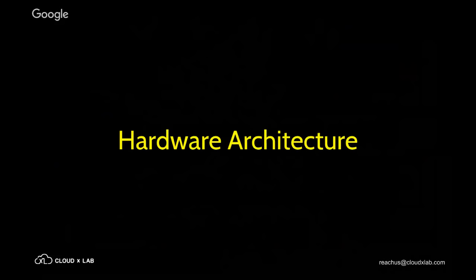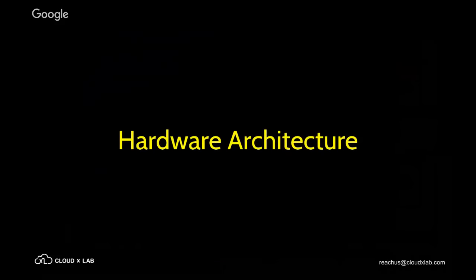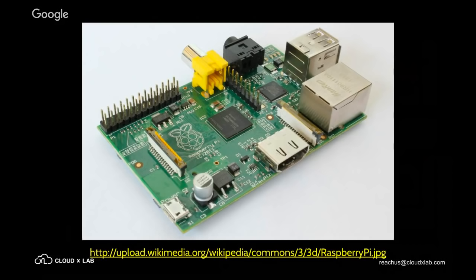Now, the hardware architecture I'd like to go through quickly. This is an example of a computer called Arduino. Arduino is a really small computer. So this is how it looks. Not Arduino, it's actually a Raspberry Pi. Sorry, it's a Raspberry Pi.